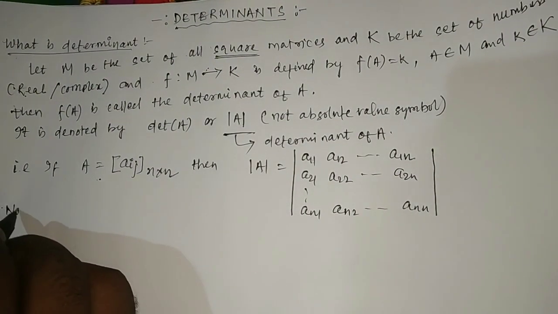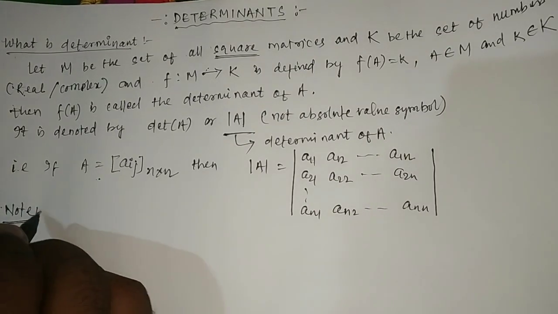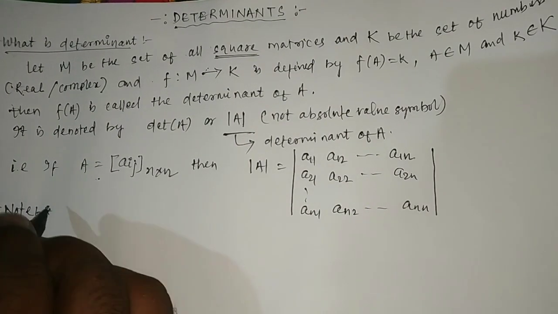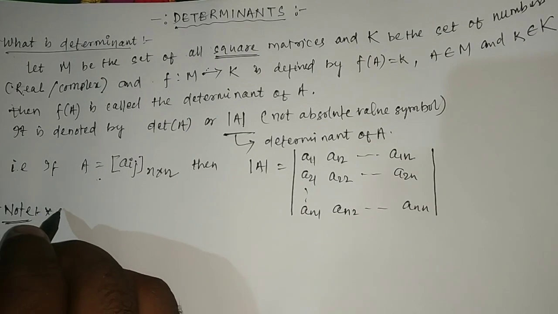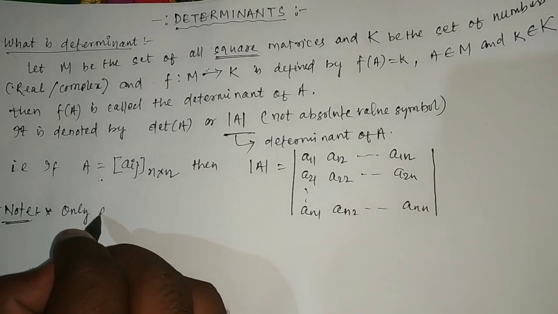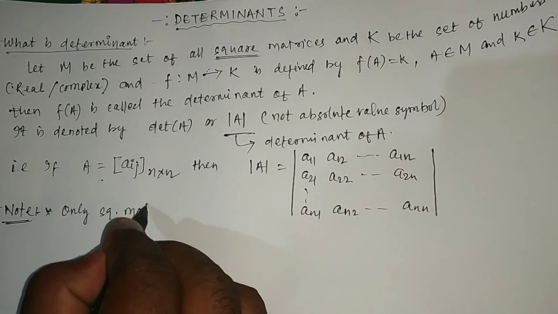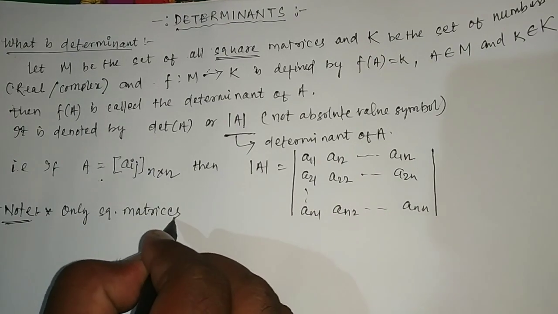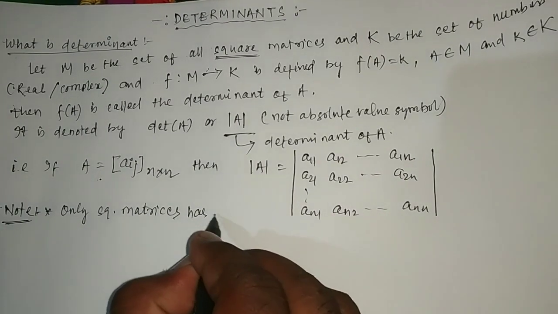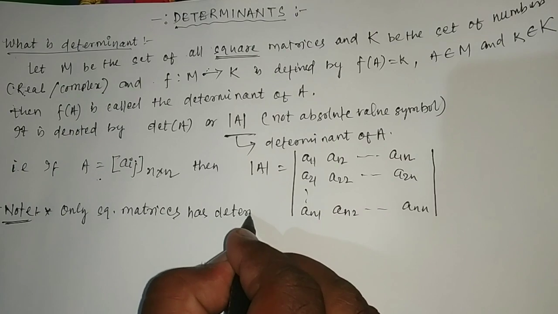Write a note here. First one, only square matrices have determinants.